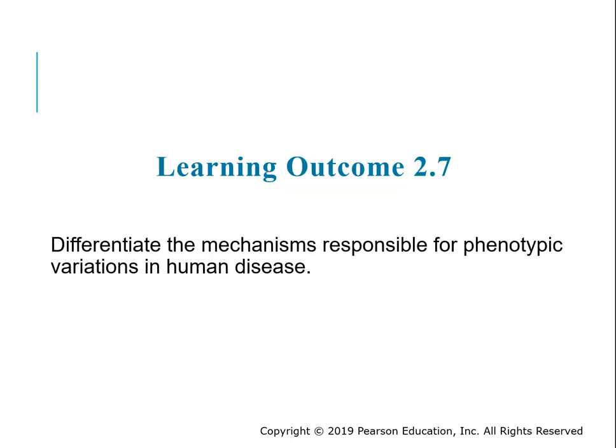All right. So this next learning outcome: differentiate the mechanisms responsible for phenotypic variations in human disease. If we think about most, probably all, human diseases, there's always a variation in disease severity, okay? That's just normal.